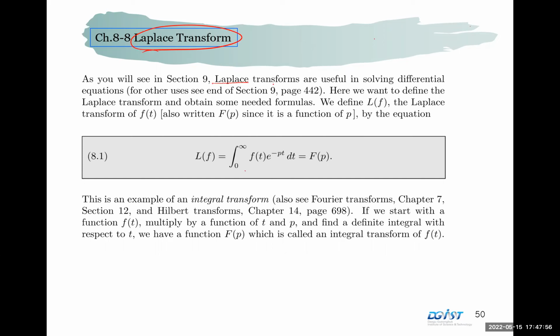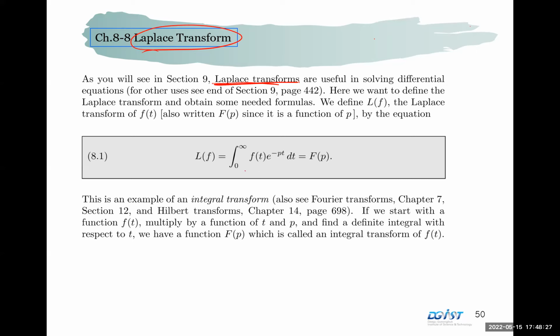The Laplace transform is also very useful in many engineering problems, especially circuit problems, thoroughly in electronics and electrical engineering. Here the Laplace transform is more popular compared to the Fourier transform, especially for circuit people.